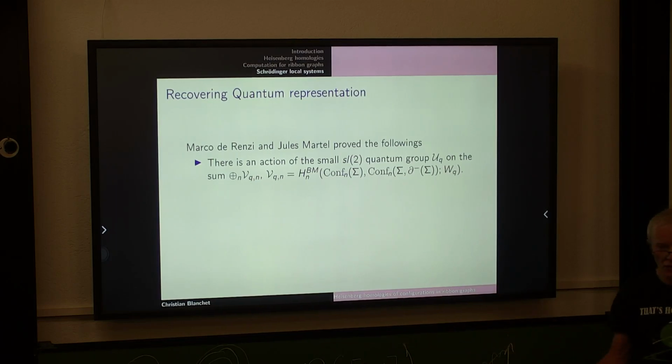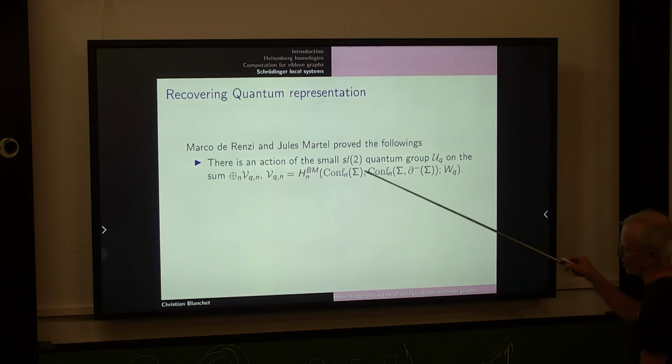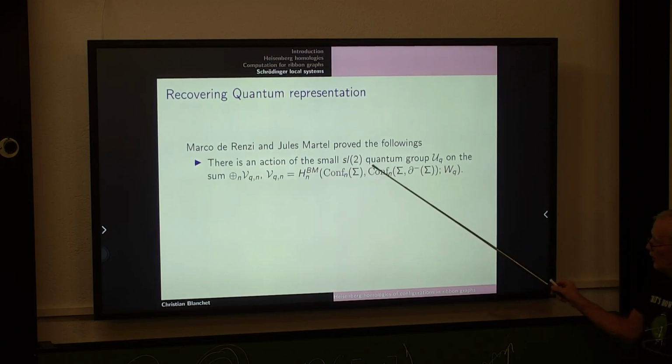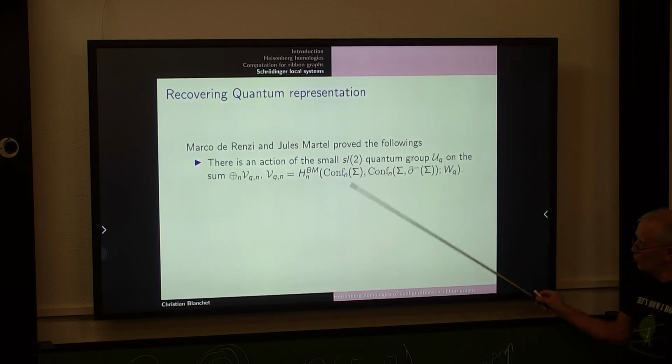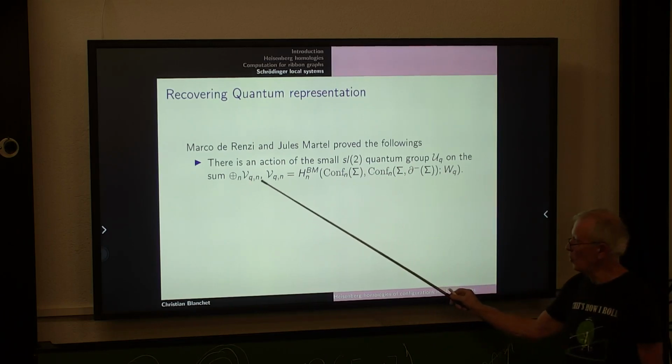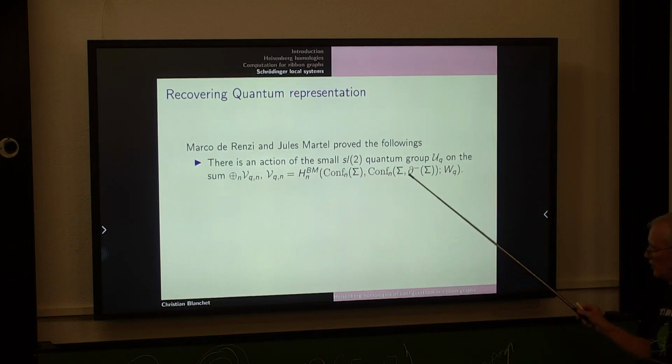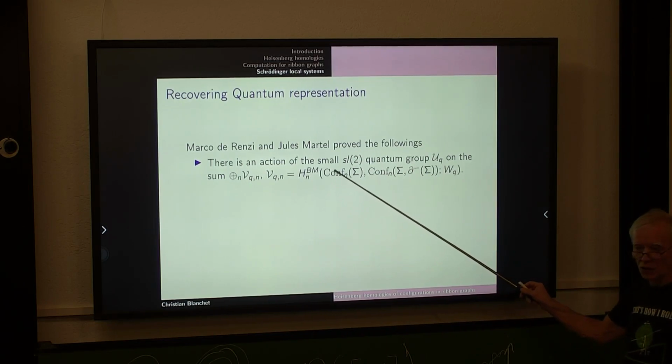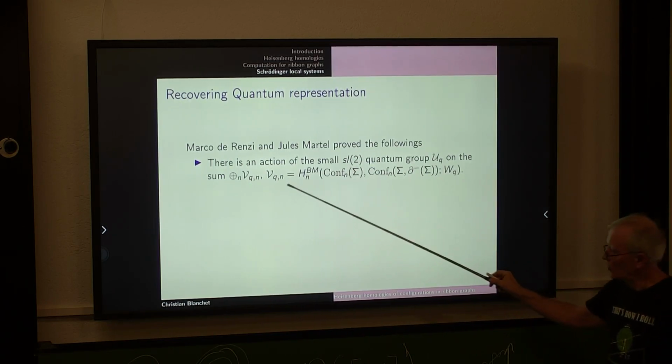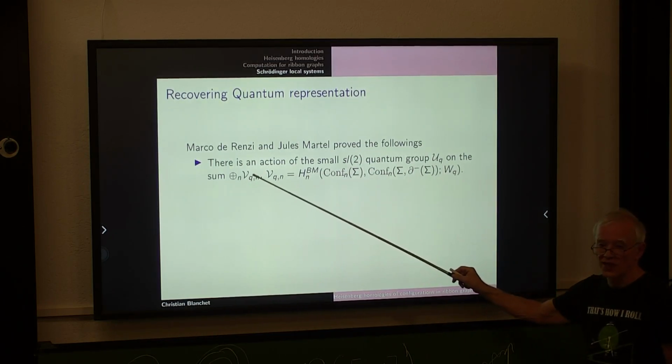So this is a huge work of Marco and Jules, where they are constructing an action of the small quantum SL2 on the sum of the homologies for this variant. This is the variant I computed. And you take the sum of all n, this is the big space.